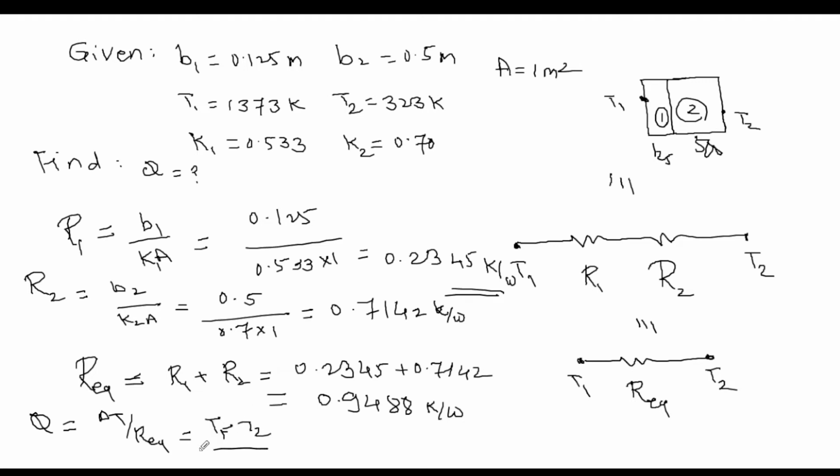So Q equals 1373 minus 323 upon 0.9488. We will get the value of Q as 1106.68 watt per meter square.